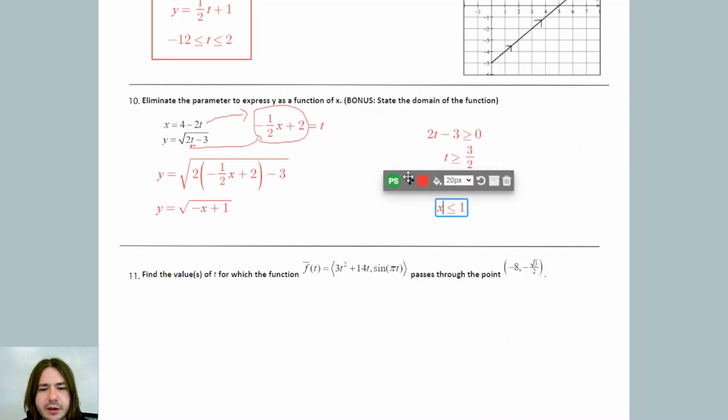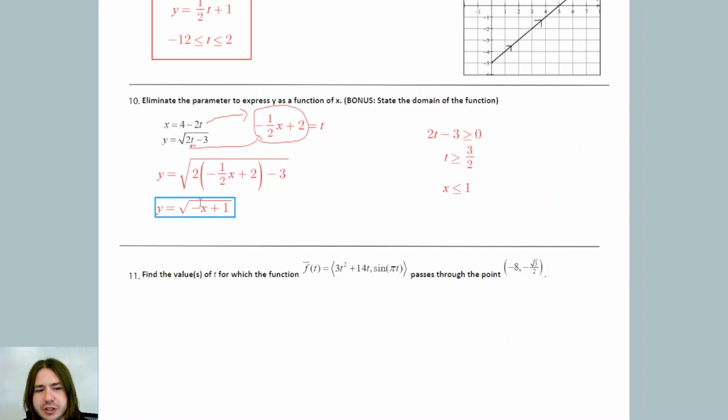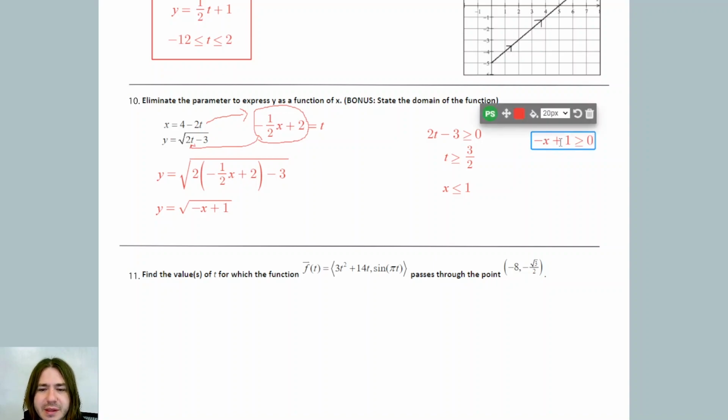So this would be the domain, and we didn't really need to find it in terms of t first. We could have just found the domain from here. Like if I just said that negative x plus 1 has got to be greater than or equal to 0, because that's got to be positive or 0. It's going to be non-negative. And subtract 1 from either side here.